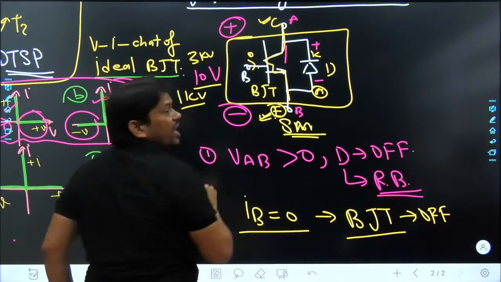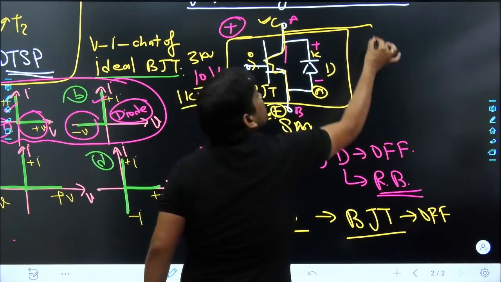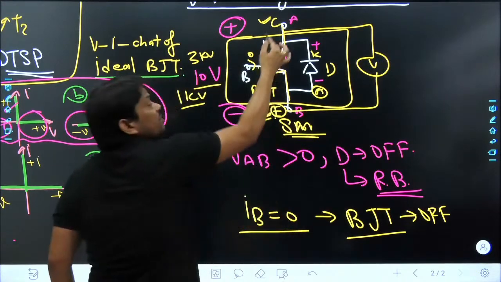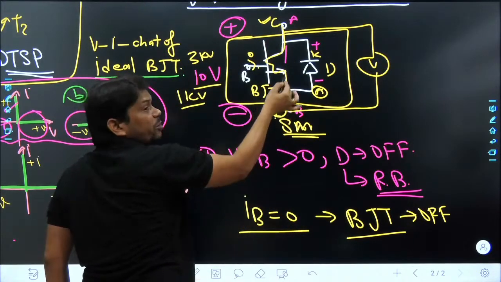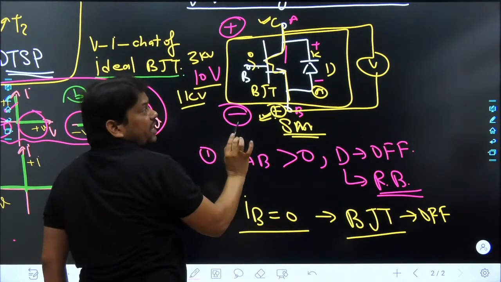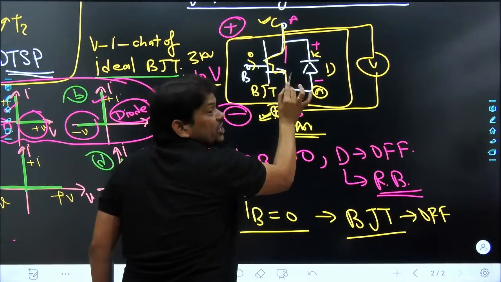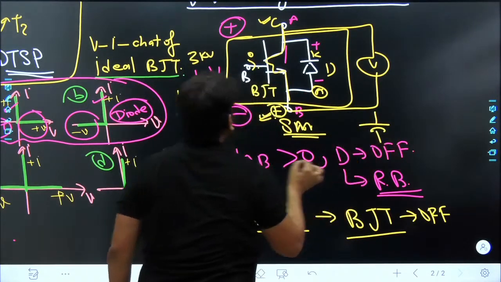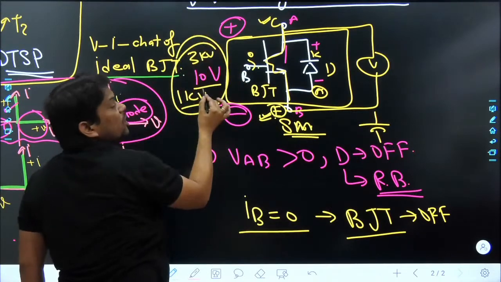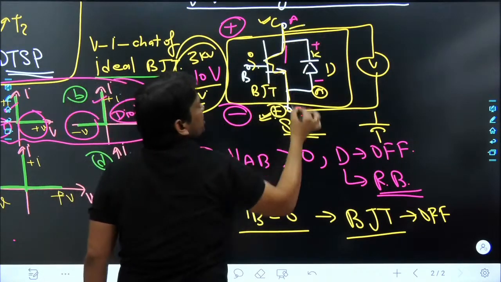If you apply some voltmeter here, the devices are reverse biased. It is really very easy to say. The devices' junctions will block your entire voltage, whatever you apply across A and B.